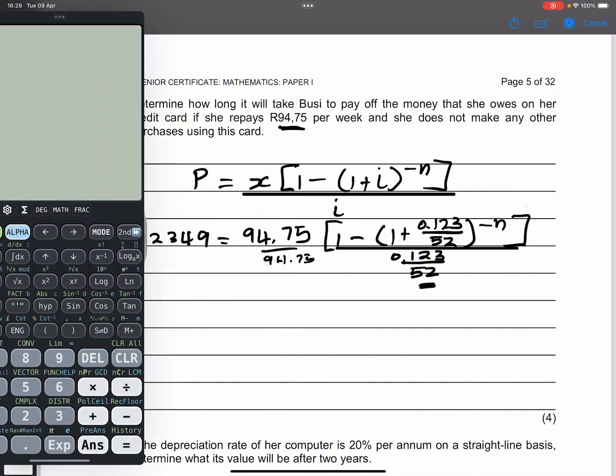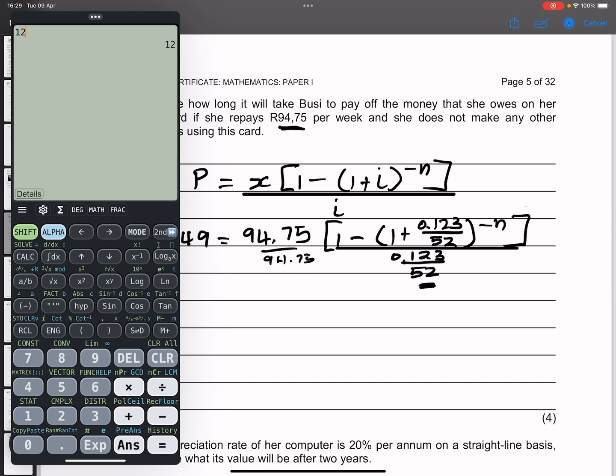Let me first multiply by 0.123 over 52, and in this case divided by 94.75. Please note it's just a lot of calculator work that is involved here. Now I'm going to subtract that 1, so that's minus the 1.